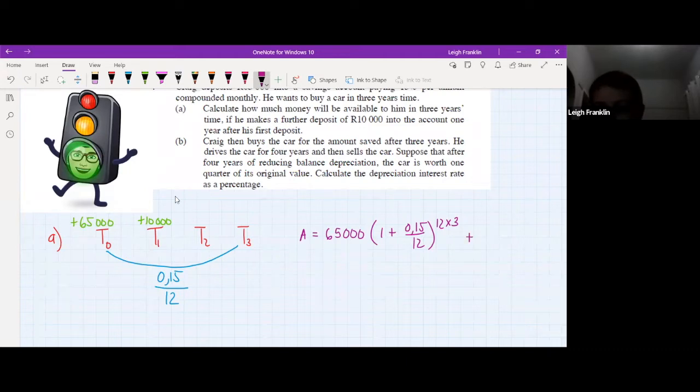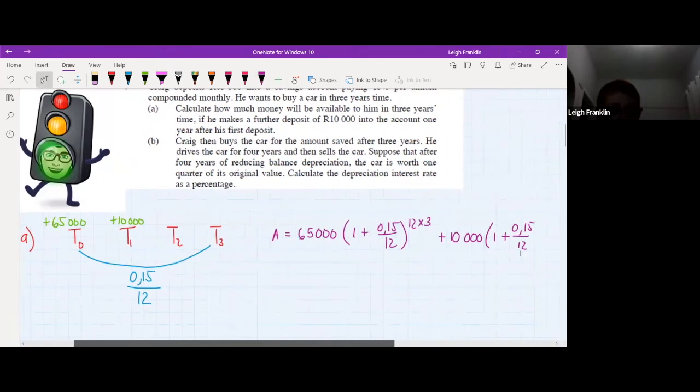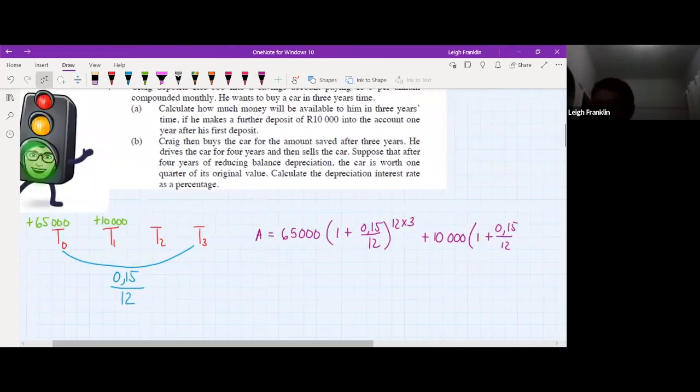When I make a deposit, I'm going to add the 10,000, and that's going to be in the account earning interest at the same interest rate, but it's not going to be in the account for as long, obviously.